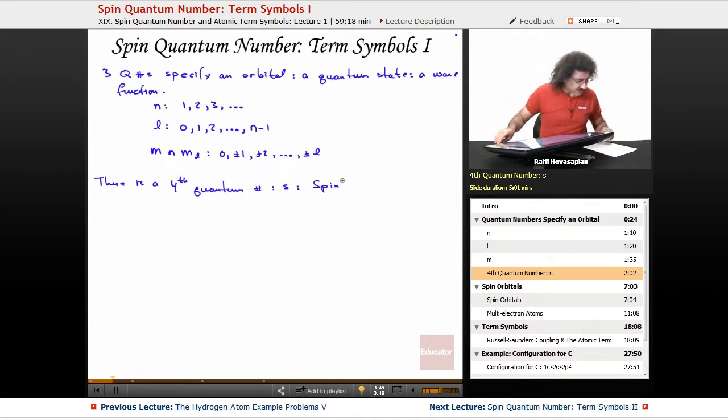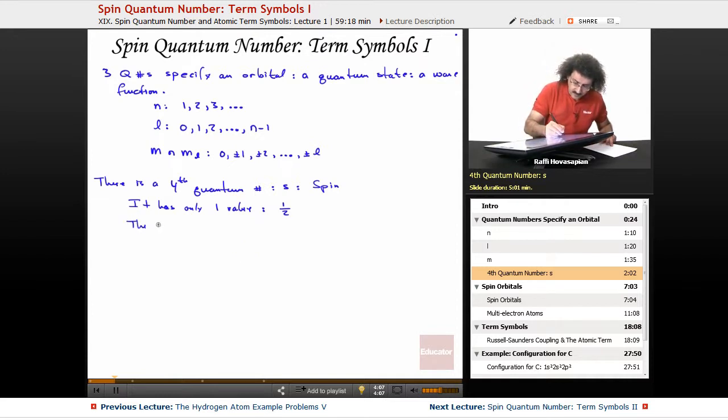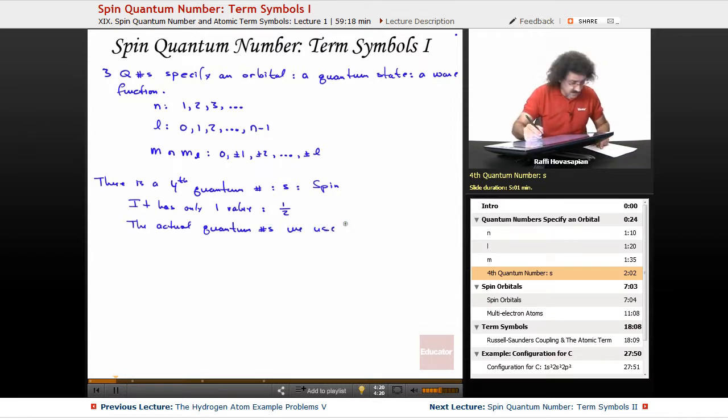So spin is the fourth quantum number. It has only one value for the electron, and that is 1/2. The actual quantum numbers that we use and that we often see are the m sub s.